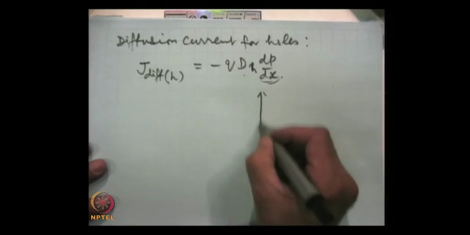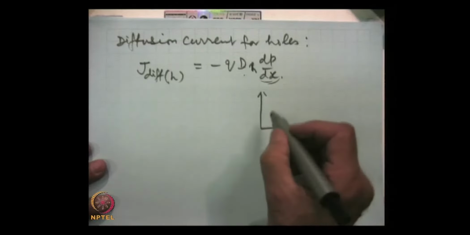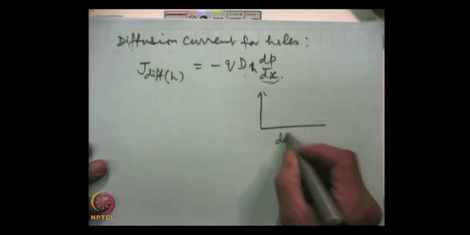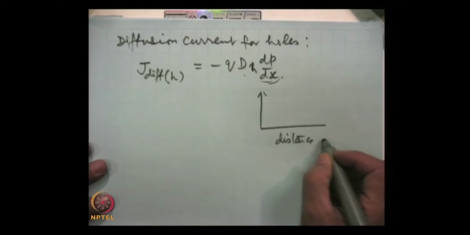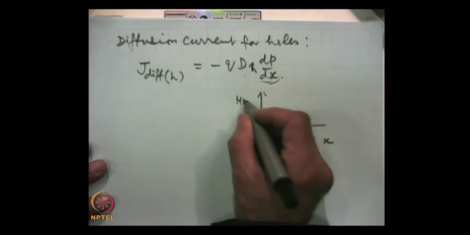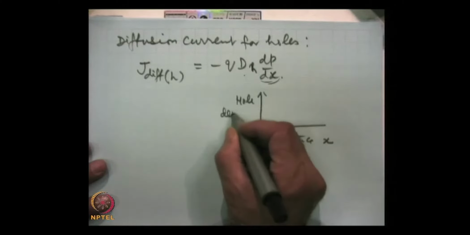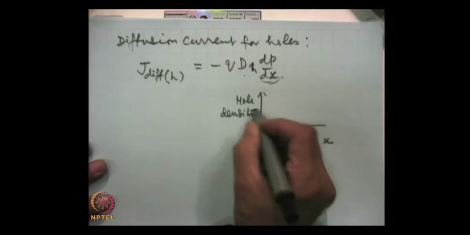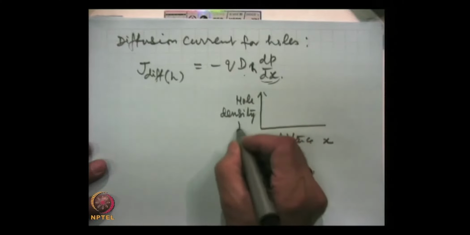This is distance and this is hole density. And this is the gradient, and the current flows from higher density to lower.